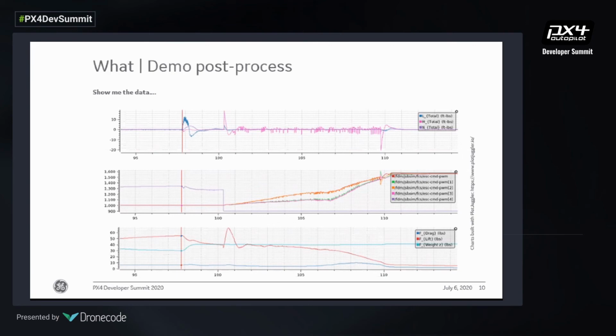The graph in the middle is JSBSim's internal representation of the actuator outputs. And the graph in the bottom are just 3 of the forces that JSBSim resolved. So drag, lift, and weight. So again, in addition to the PX4 data, we found the JSBSim data to be extremely helpful.